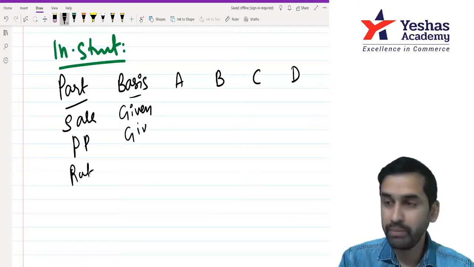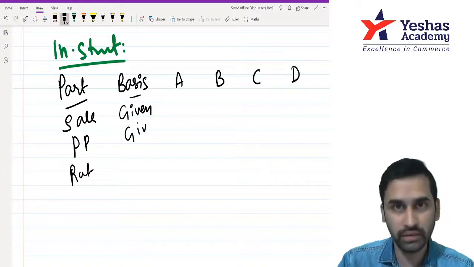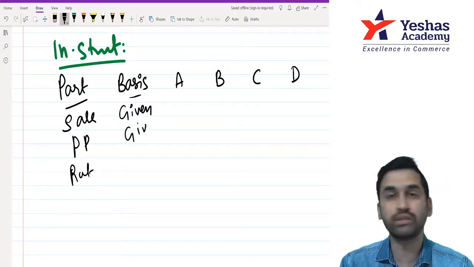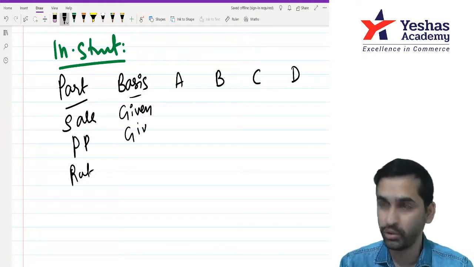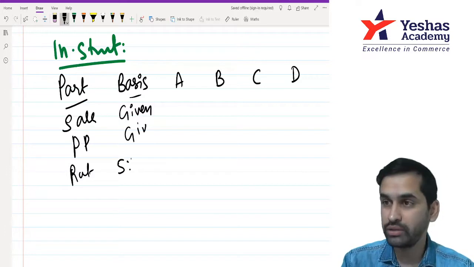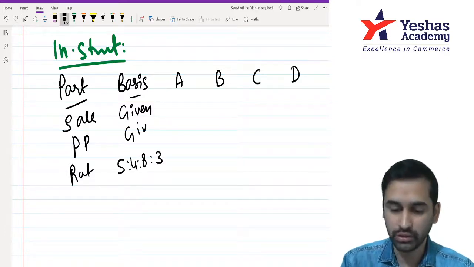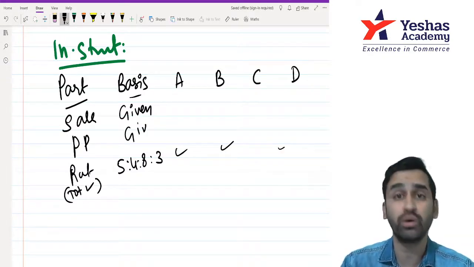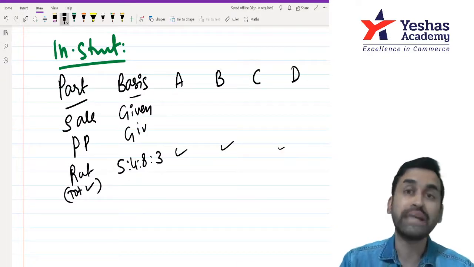Rent you write, basis you show the ratio here. I am reading from the question, rent 10,000 will be in square feet ratio. What is the square feet ratio? 50, 40, 80, 30. That means here you write 5:4:8:3. Here in bracket you write the total amount. Do it in that ratio. So you actually don't need to do the working note of ABC rate computation.